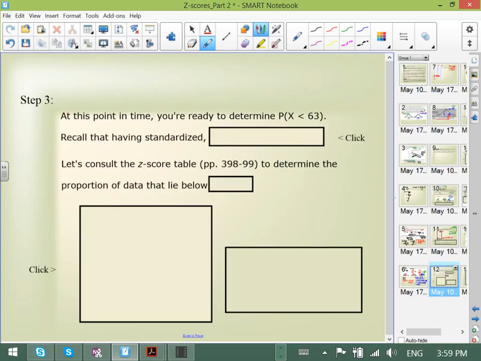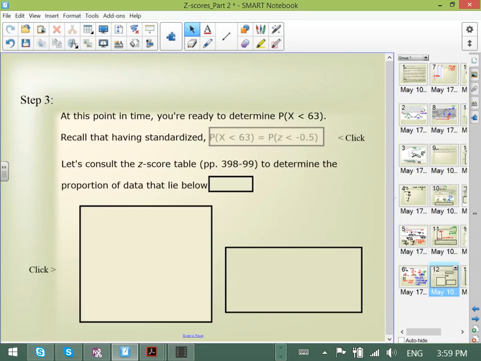So step 3, we have standardized, so we're looking at the following. The proportion that is less than 63 is equivalent to the proportion that are less than minus 0.5 on the standard normal distribution.